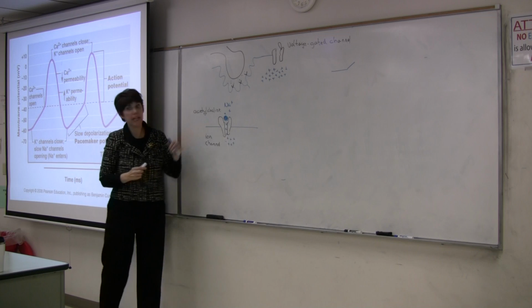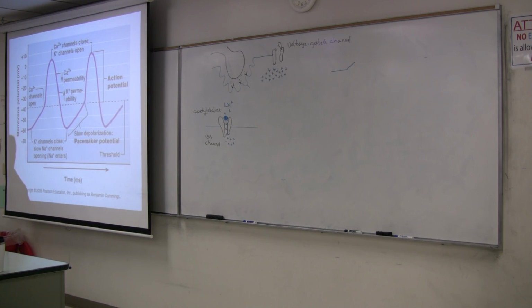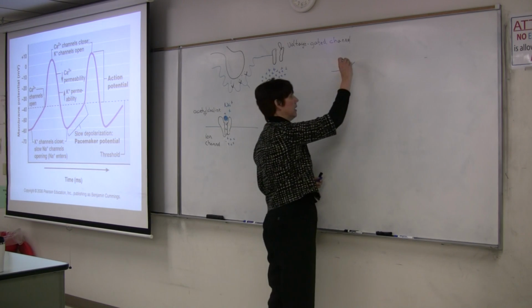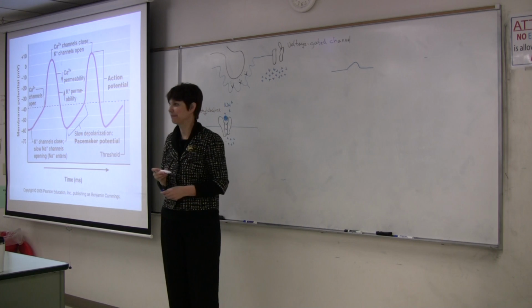So will just one acetylcholine binding to one acetylcholine receptor in the motor end plate allow enough ions in to open the voltage-gated channel? Probably not. So what happens to the change in our membrane? It recovers and comes back to a resting membrane potential.